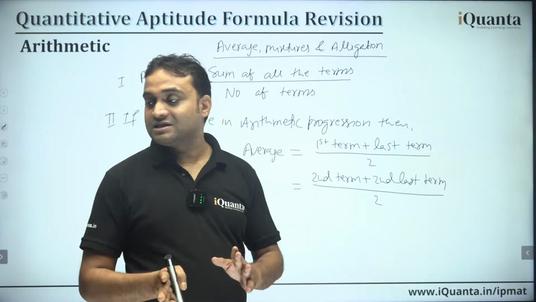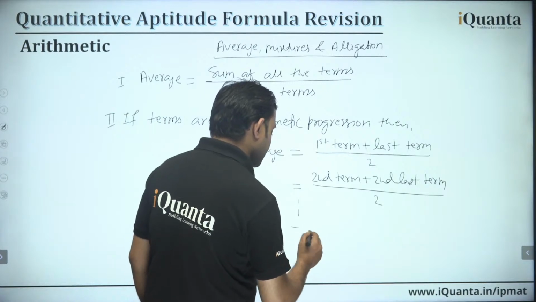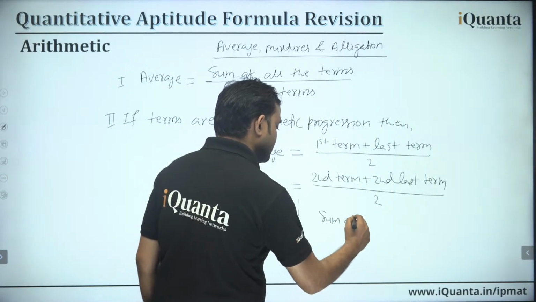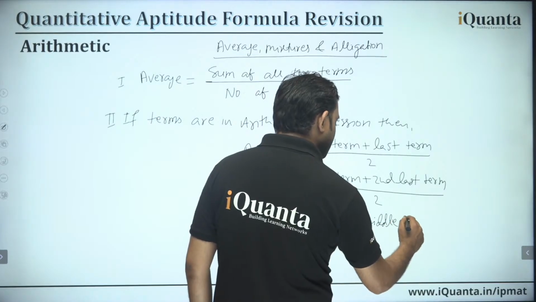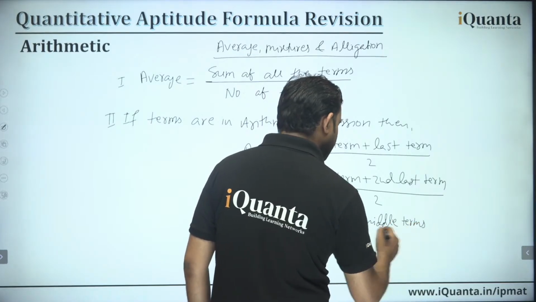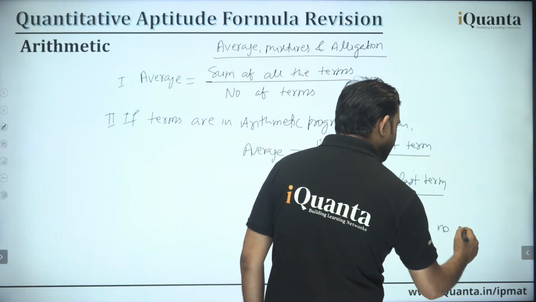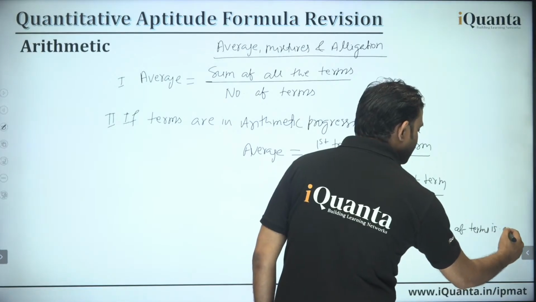First and last term should be known. Second and second last term should be known. It is the same as the sum of middle terms divided by 2, when number of terms is even.